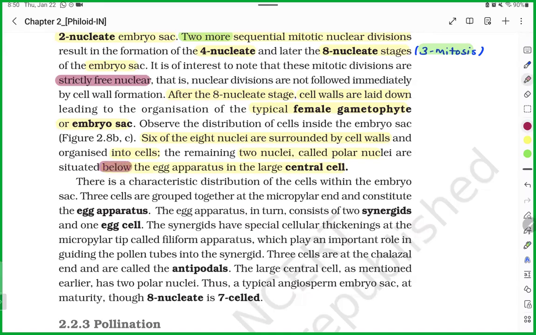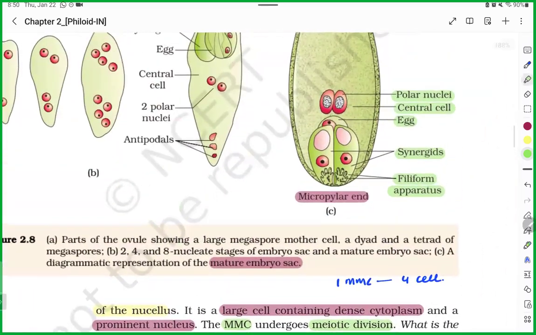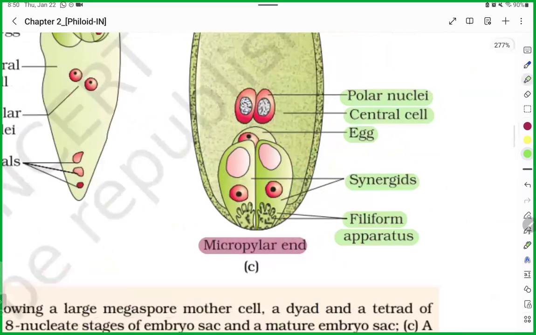Below. Even though there is a large central cell containing 2 polar nuclei, that is not the important part. Below is important. Below the egg apparatus. So a right or wrong statement question may be given: central cell is present above the egg apparatus. Right?